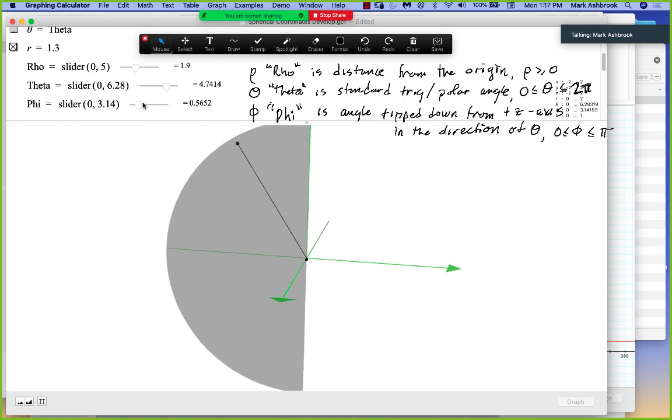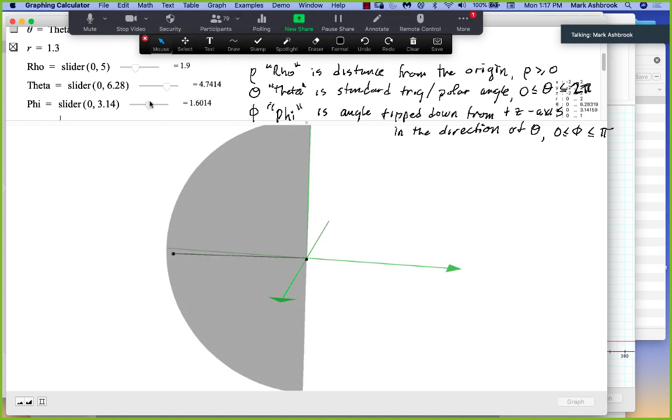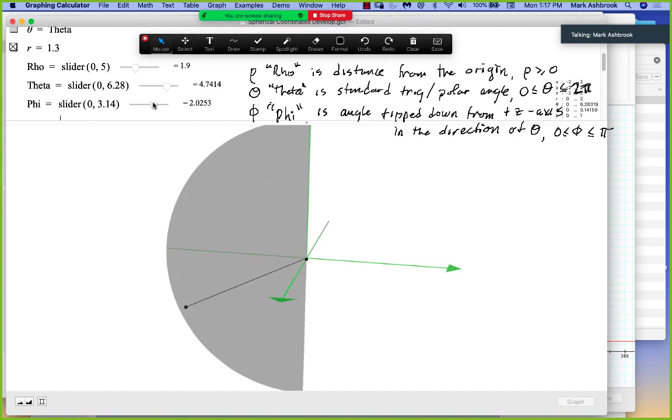So now we're just going to tip down to the left because theta is in the direction of the negative y-axis. It's still positive phi, just tipped down in the direction of theta. So these are still positive values of phi: pi over 3, pi over 2, 2 pi over 3, 5 pi over 6, pi.